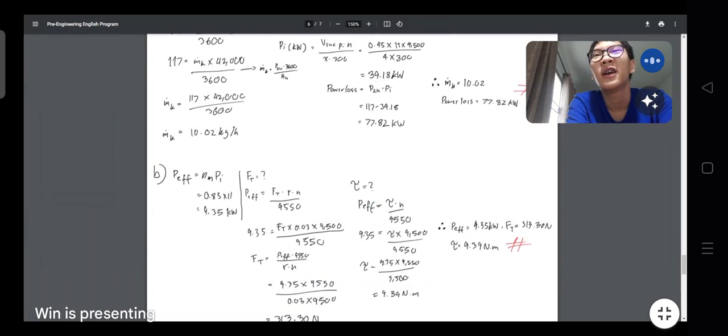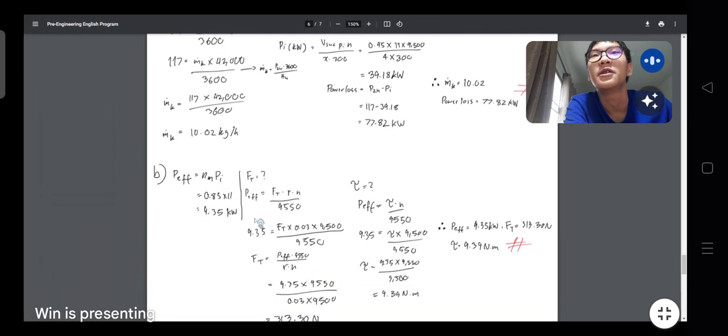For B, it asks us to find the P efficiency, the F tangent, and torque. So the P efficiency formula is Nm times Pi, and that is 0.85 times 11, which is 9.35 kilowatts. The tangent force, we need to use this formula.